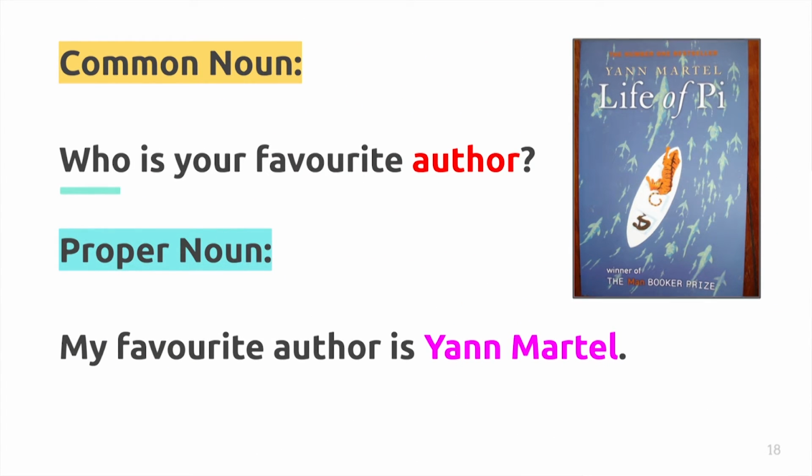Who is your favorite author? Author is a general term that allows us to think about any author of any book. Whereas if I were to say my favorite author is Jan Martel, I'm talking about a specific author related to maybe a series of books that he has written.